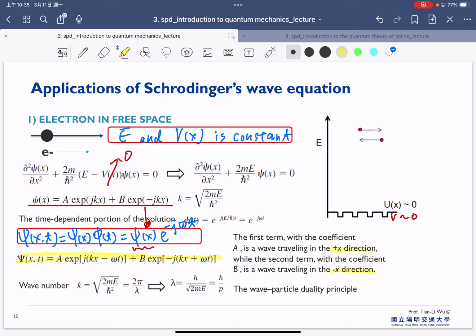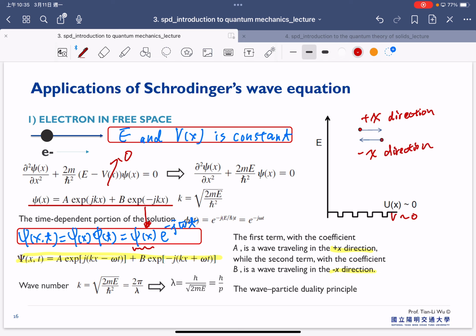But now you can find out that this solution has exactly the same idea as here, because we already know the answer, right? Even if we don't understand all this mathematics, you can already imagine that in free space, of course, your electron can move in the positive x direction, and also the electron can move in the negative x direction.